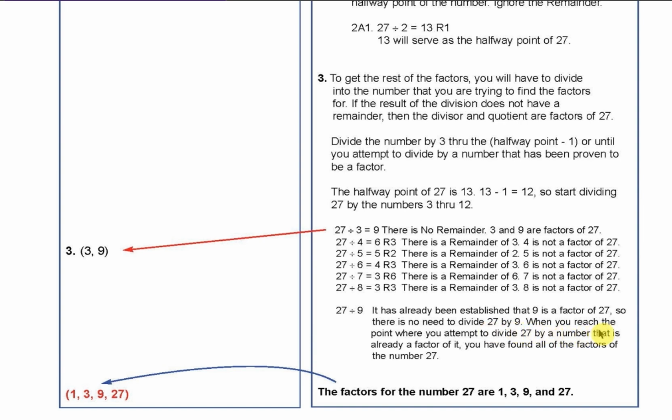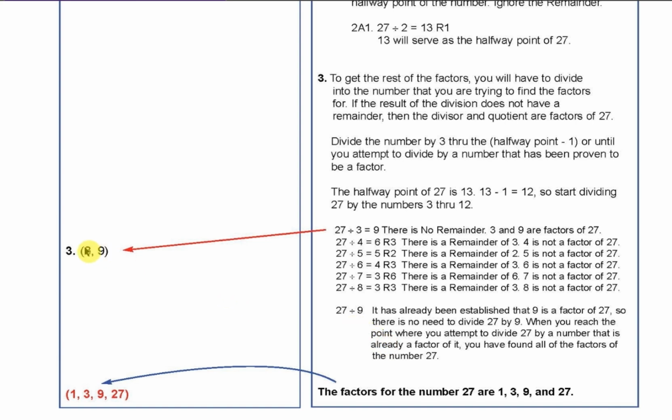When you reach the point where you attempt to divide 27 by a number that is already a factor of it, you have found all of the factors of the number 27.